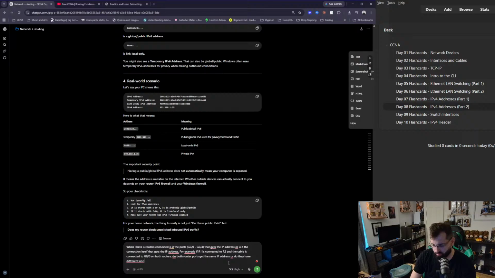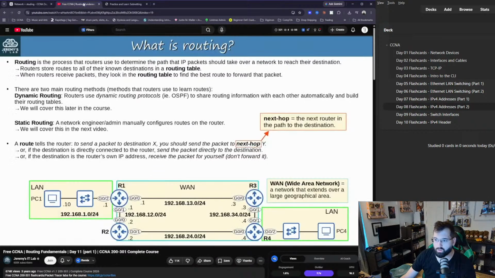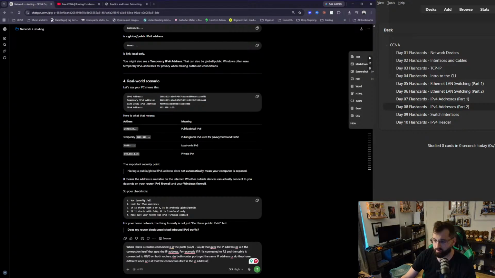Or is it that the connection itself is the IP address? Well, there's no way. It has to have different ones, because, like, what if this is my house and what if this is my friend's house? There's no way that those are going to be the same.